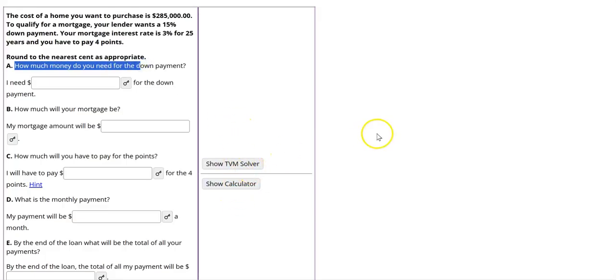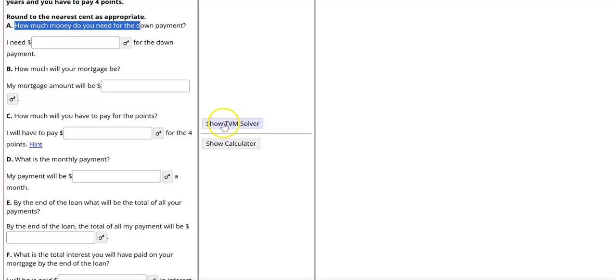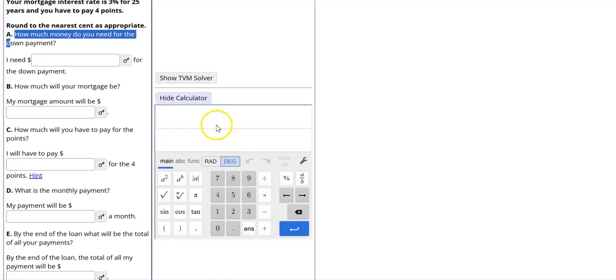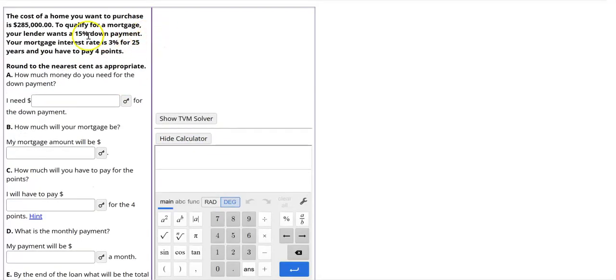Again, there's two calculators here. One is the TVM solver for the monthly payment, the other one is to just find the down payment. Here is 15% of $285,000. So you do 0.15 times 285,000, which is going to be 42,750.